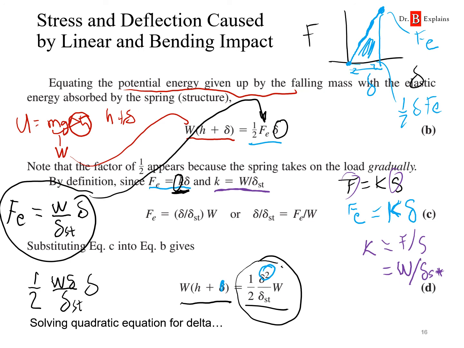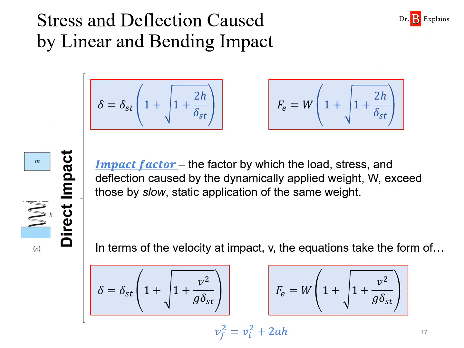So we can actually solve that quadratic equation for delta, and the solution looks like this. Delta is the static deflection times 1 plus the square root of 1 plus 2h divided by delta ST. Now, if we look closely, I put all of this in parentheses in a different color, a light blue.